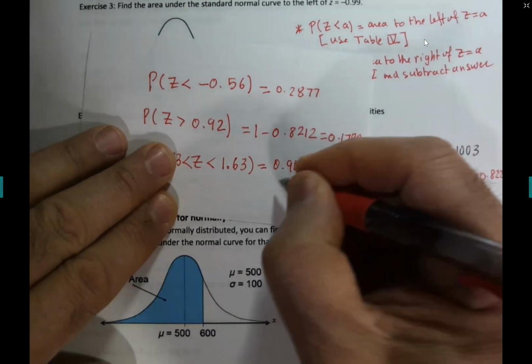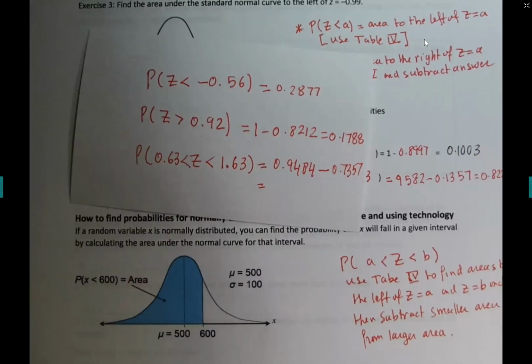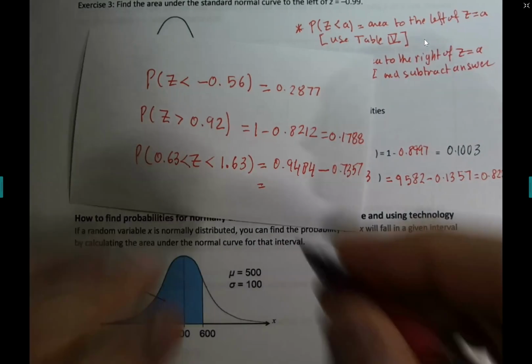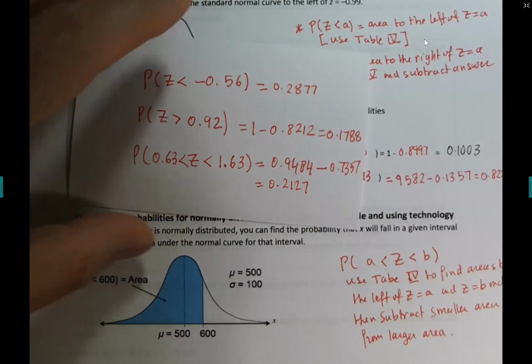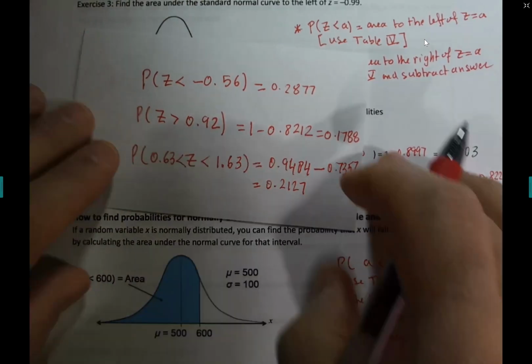I just subtract the two, guys. Use your calculator. So I got 0.9484 minus 0.7357, 0.2127. Yeah, I've seen this answer already. And that's how you find the areas.